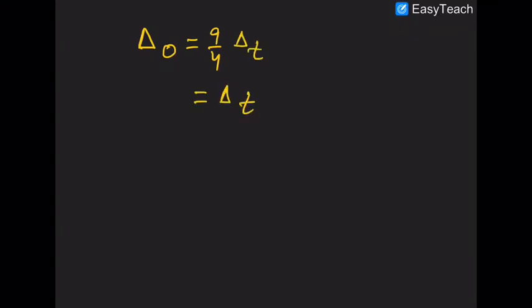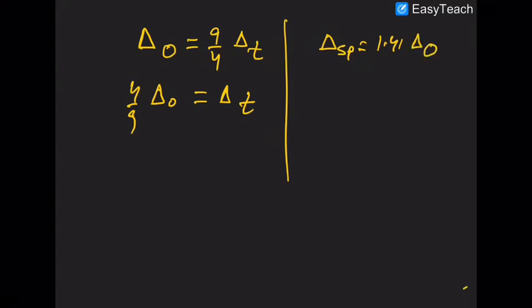The CFSE value of the octahedral complex is 9 by 4 times that of the tetrahedral complex, or you can say the tetrahedral complex energy is 4 by 9 times that of the octahedral complex, and the square planar complex energy is nearly 1.41 times that of the octahedral species. Are you getting that or not? So it is 1.41 into 9 by 4 times tetrahedral also. Are you getting that in your mind now?